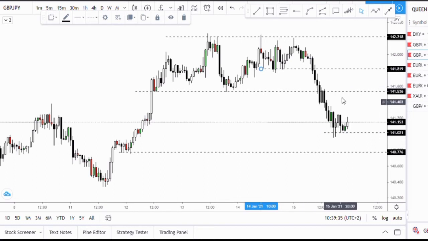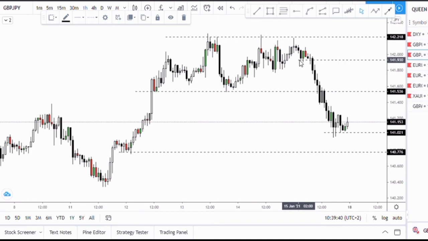Since price is under, it's a resistance. Or besides that one, I would actually expect price to hit this resistance. Remember, a support or resistance is not a line, it's an area.